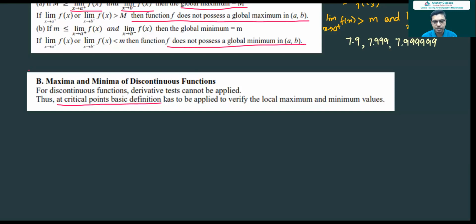Neither first nor second. We have to apply the functional definition: f of a greater than or equal to f of a plus h and greater than or equal to f of a minus h for maximum. And f of a less than or equal to f of a minus h and less than or equal to f of a plus h for minimum. That we need.